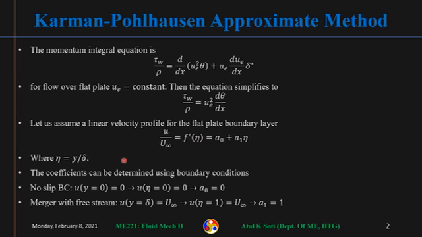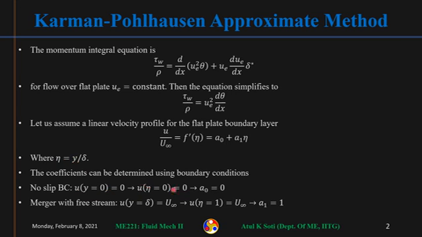We find a0 and a1 using boundary conditions. There are two unknowns, so we need two boundary conditions. First is the no slip boundary condition: u at y equal to 0 should be 0. At y equal to 0, eta also will be 0.